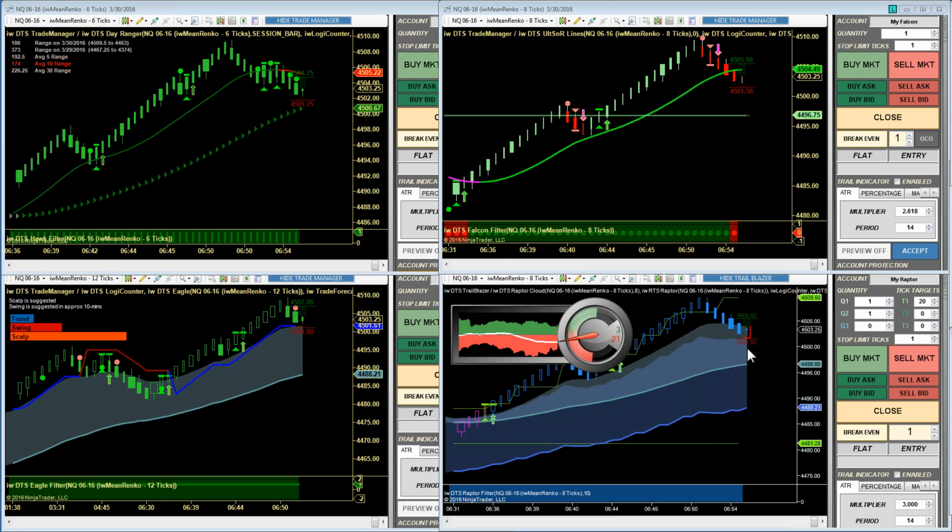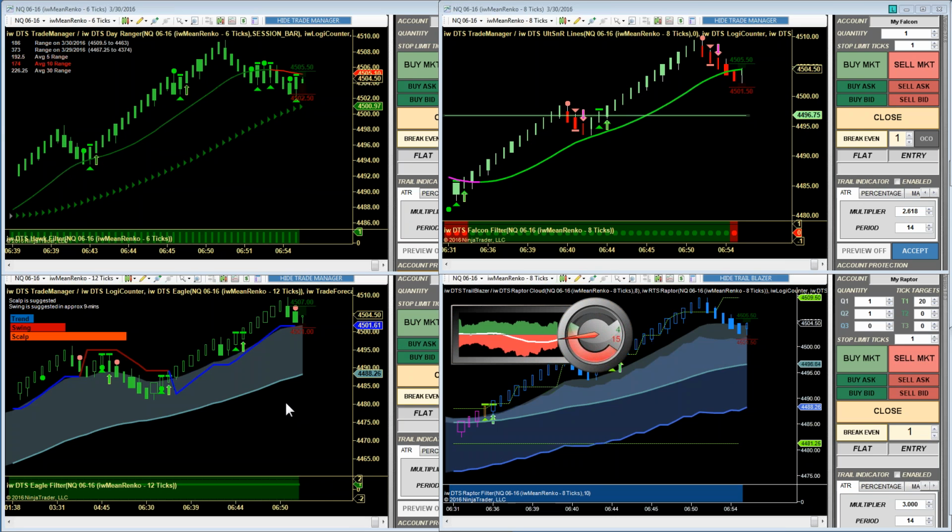Might see a little bit of a pullback. Are we near the top of the hour? Yes, we are. So we're almost at the extent of the opening range. Another 5 minutes or so and we'll see the highs and lows of the opening range, which can be significant as the day progresses.